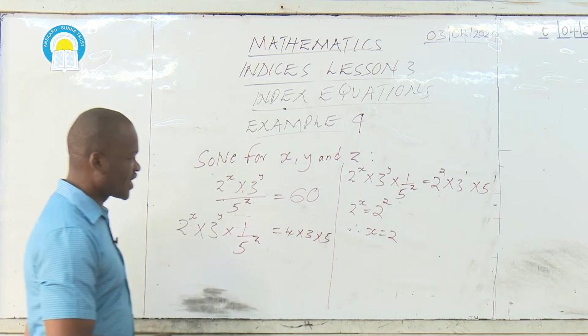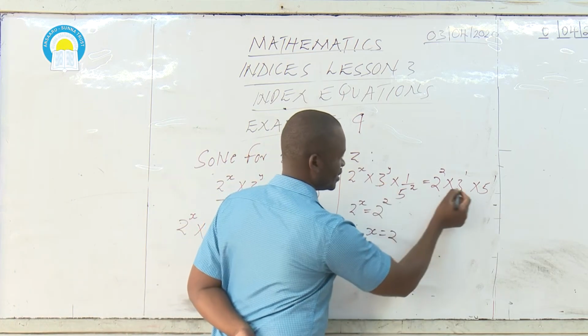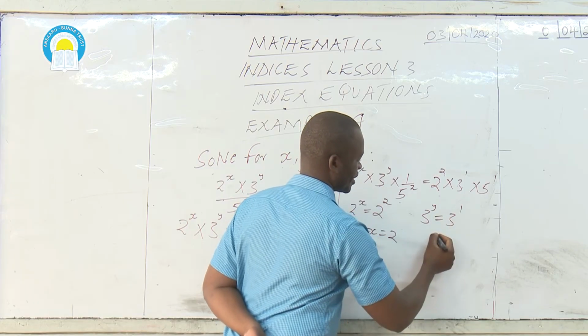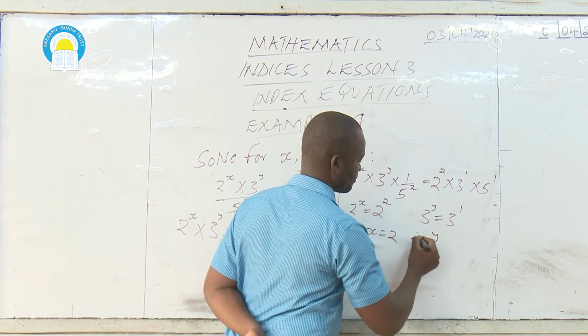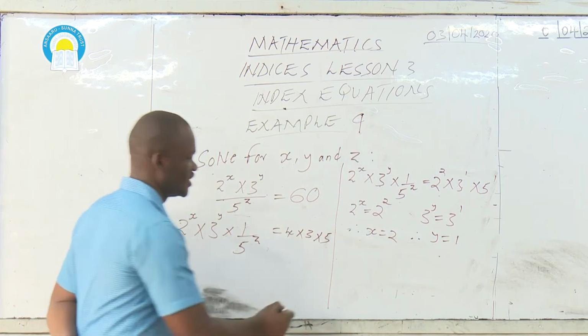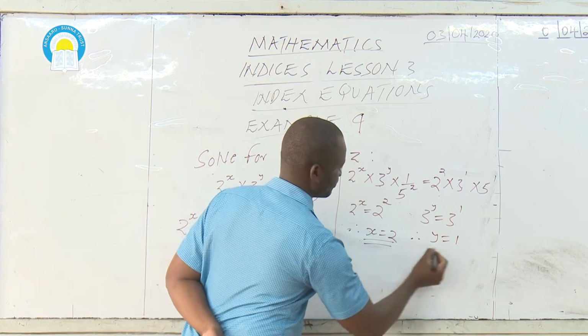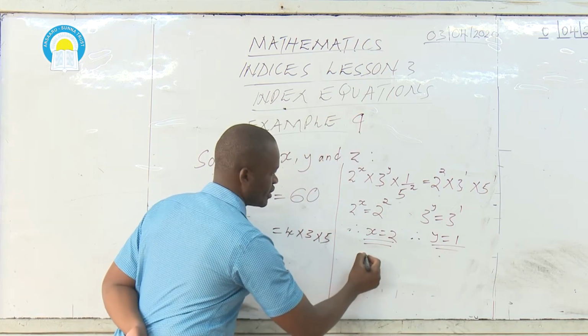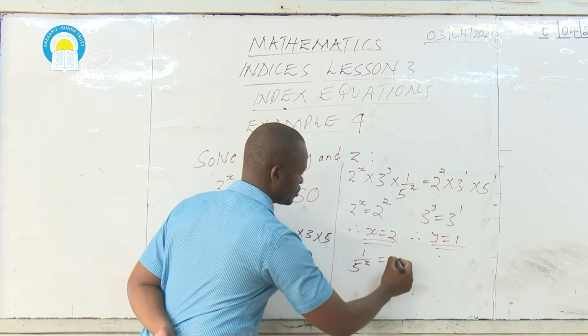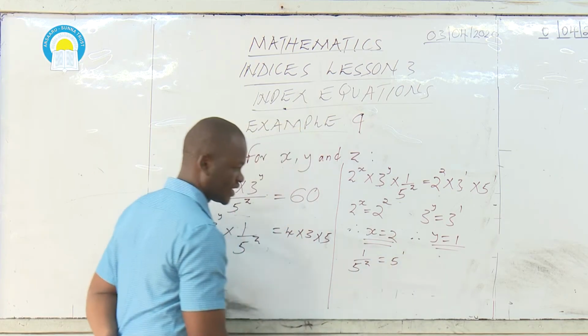How do we get our y? You equate this to that. 3 power y to 3 power 1. Therefore, y is 1. How do you get z? Of course, equate 1 over 5 power z to 5 power 1.